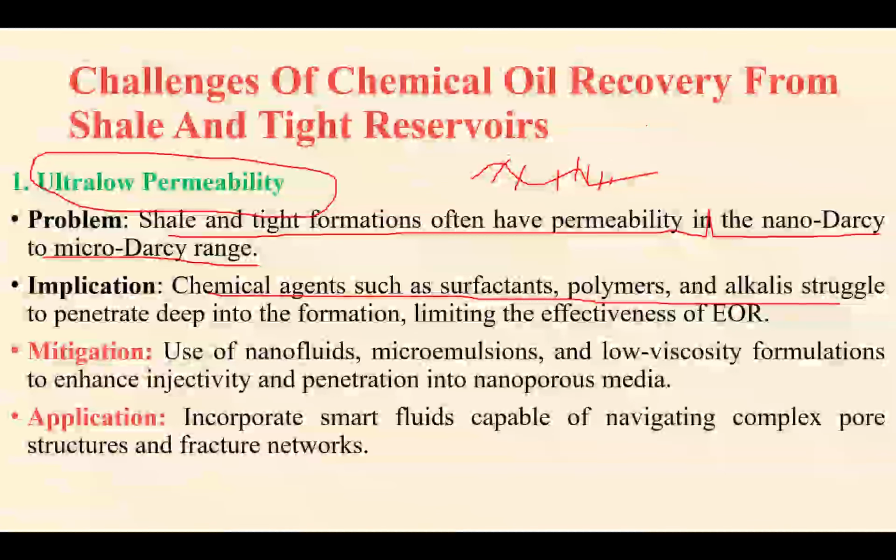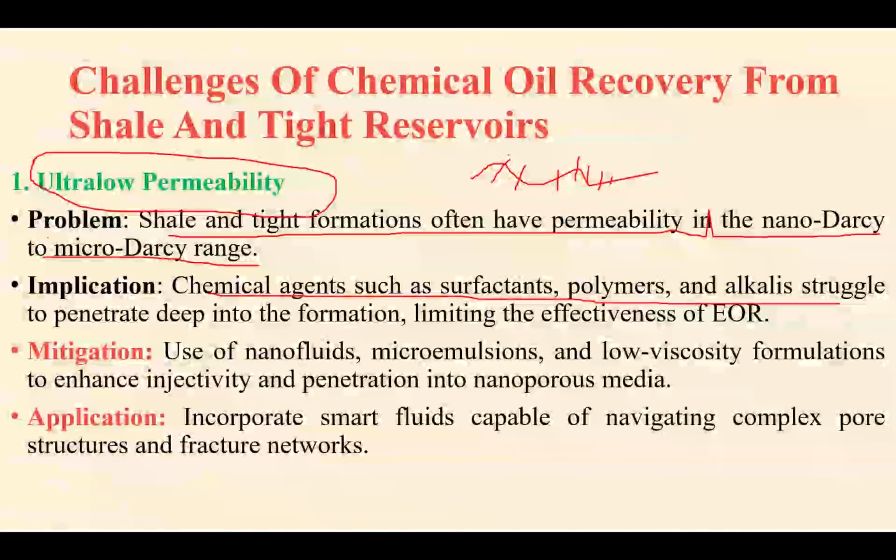You have to check the effective hydrodynamic diameter of the polymer. You have to synthesize or tailor-make surfactants or polymers where the hydrodynamic diameter is not very high. Then only will it be able to flow through these fine pores.